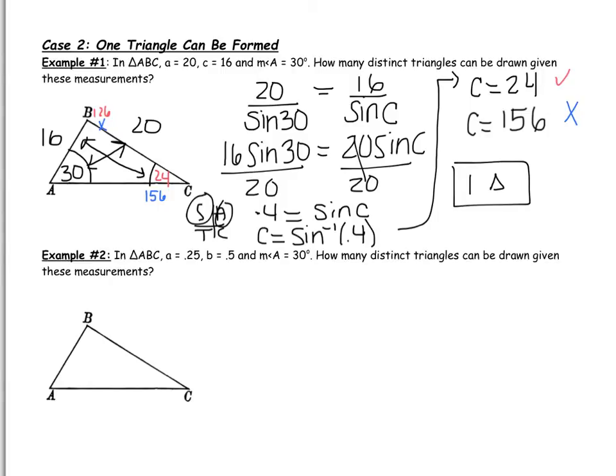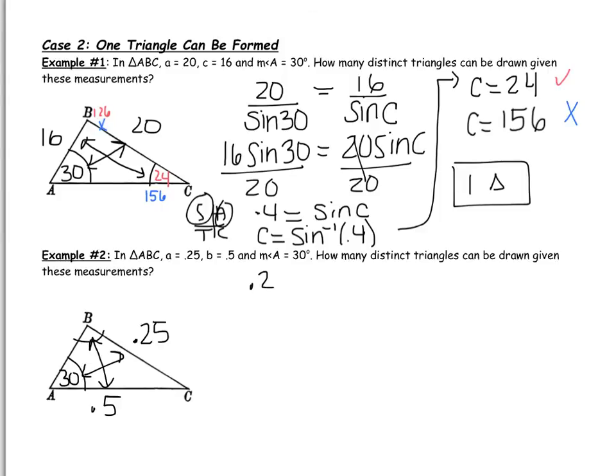Okay, let's try example number 2. If a is 0.25 and b is 0.5 and the measure of angle A is 30, how many distinct triangles can I make? Well, we're going to do crisscross. This crosses with this crosses with this.